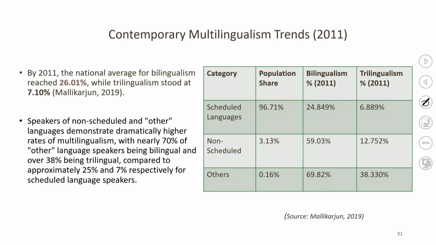This is the latest census data that we have. Here also you can see the population share of bilingualism and trilingualism in different languages.